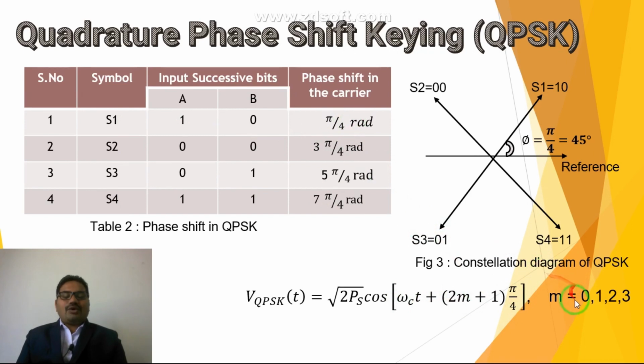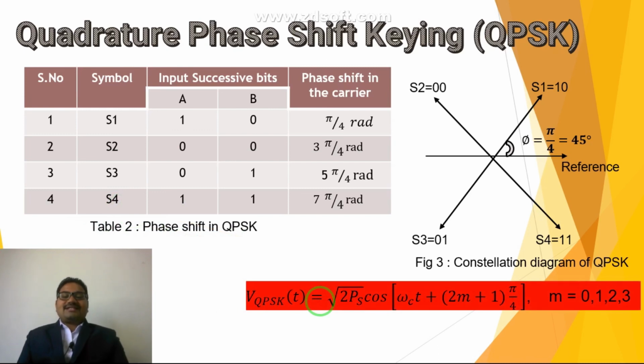If you put m equal to 1, then you would get the phase shift 3 pi by 4, that is the S2 symbol. If you put m equal to 2, you would get 5 pi by 4, that is symbol S3. And at the last, if you put m equal to 3, then it would be 7 pi by 4. That is symbol S4.